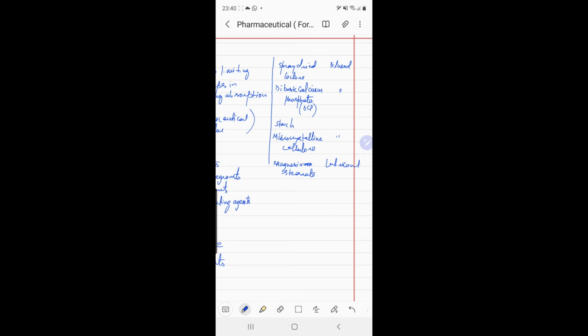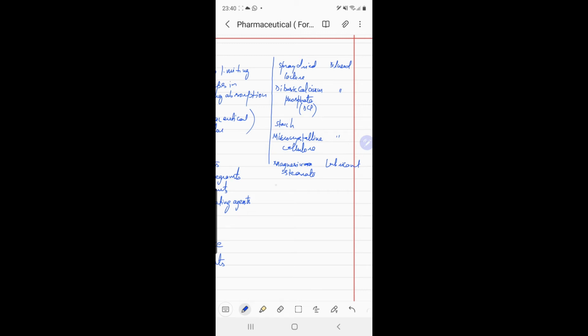So there may be a significant delay in the drug absorption, and there may be reduced absorption or even reduced bioavailability of the drug due to the lubricant. So lubricant should be used in very small quantity in the drug product. Similarly, other lubricants which are used include stearic acid.